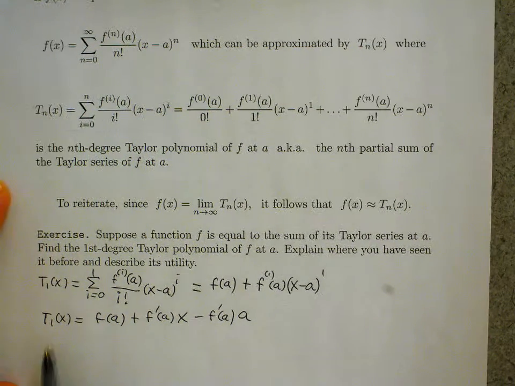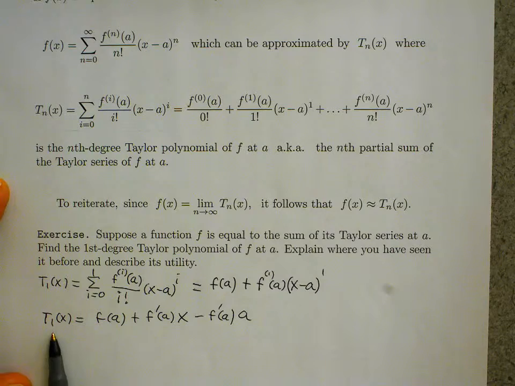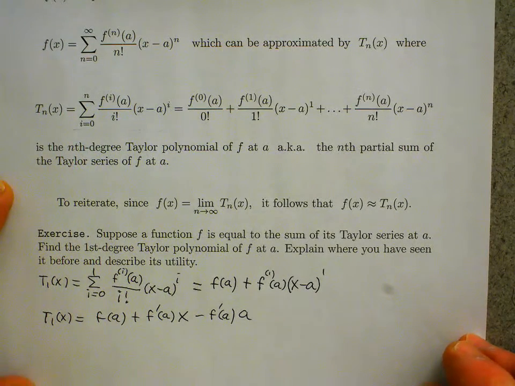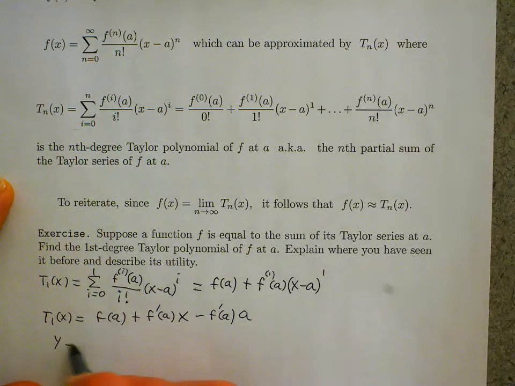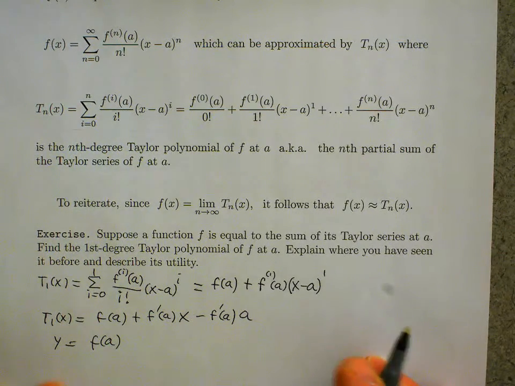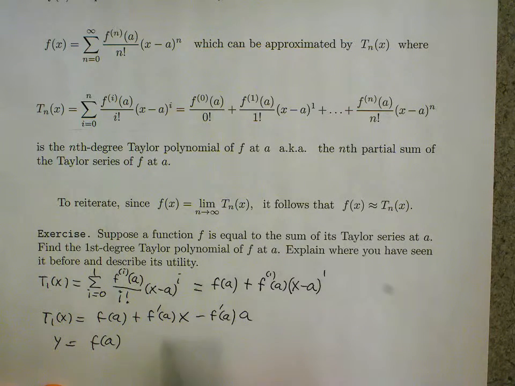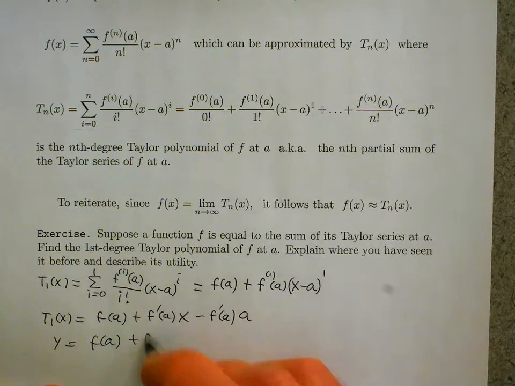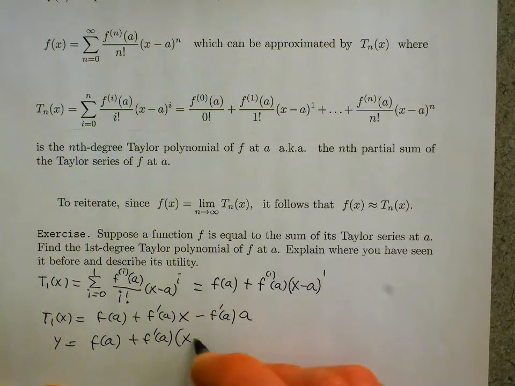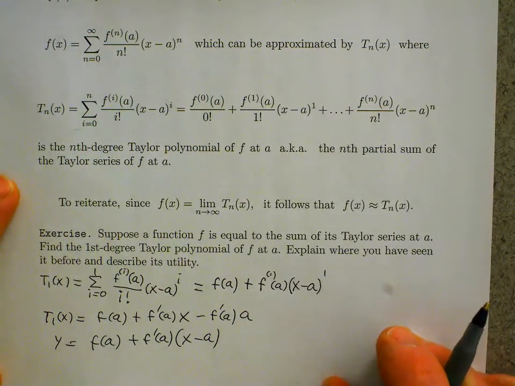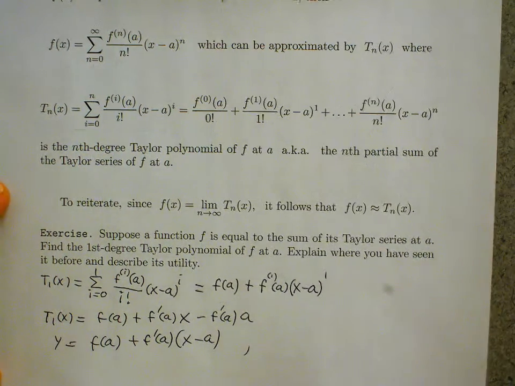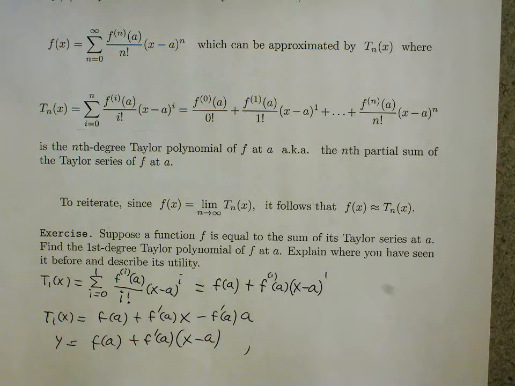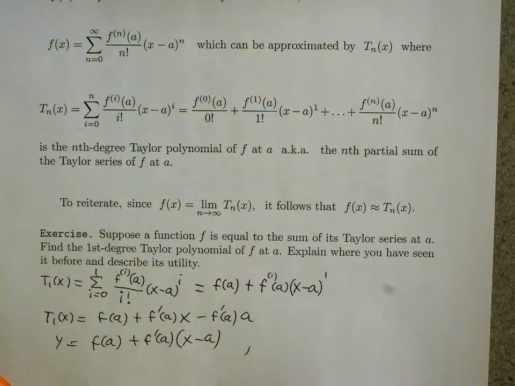So maybe it would be more familiar if you replace T sub 1 of x with y. So we get y equals f of a. I'm going to rewrite that in factored form, plus f prime of a times x minus a. Okay, well, this is the tangent line.